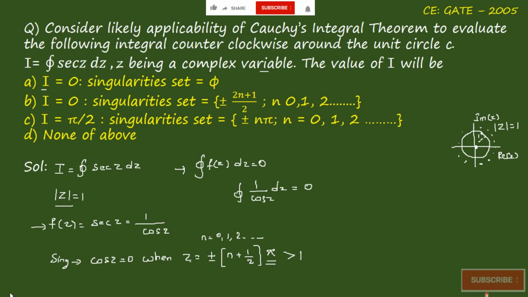And coming to the singularities, you can see that the singularities are there, but none of them are inside the curve. So the value is 0. So the answer is option A.